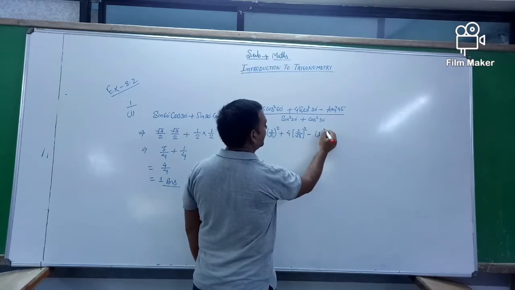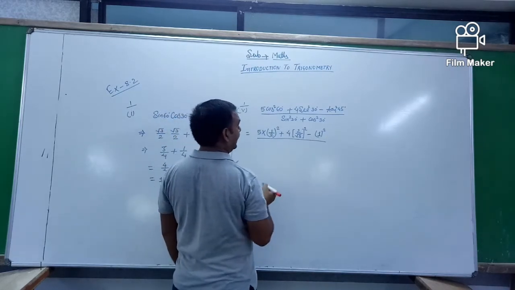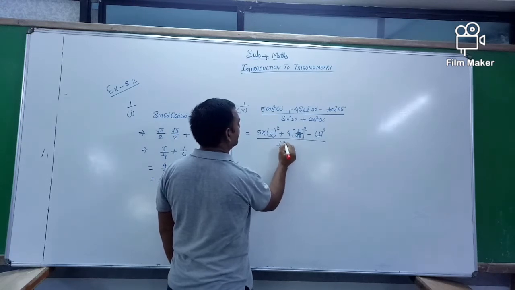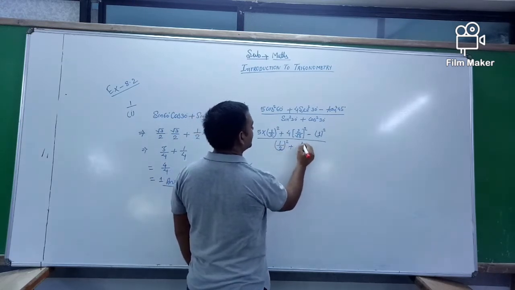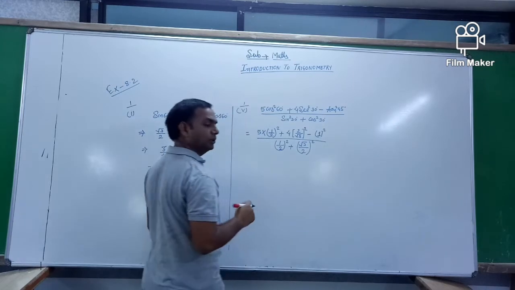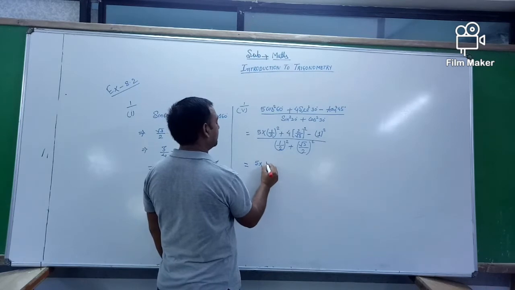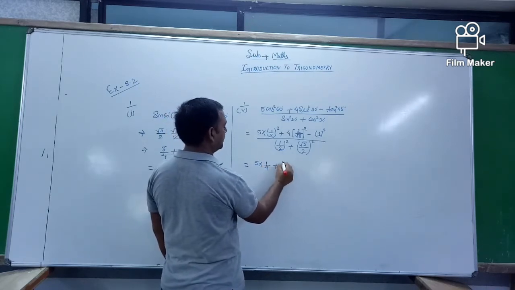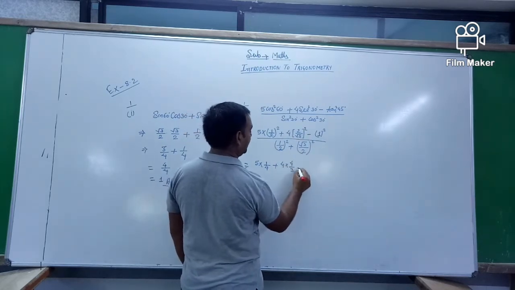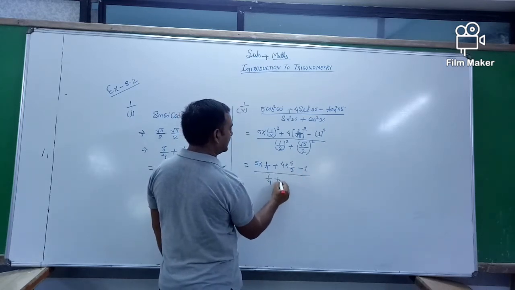The value of tan 45 is 1, upon sine square 30 degree, which is 1 by 2 whole square, plus cos 30, that is under root 3 by 2, whole square. Okay, then you solve: 5 into 1 square, 2 square is 4, plus 4 into the square of 2 by root 3, minus 1, and divided by 1 by 4 plus 3 by 4.